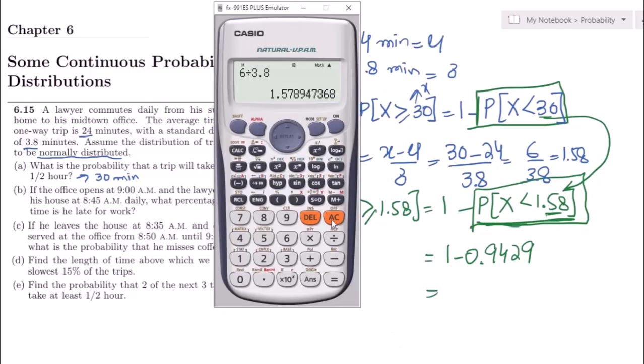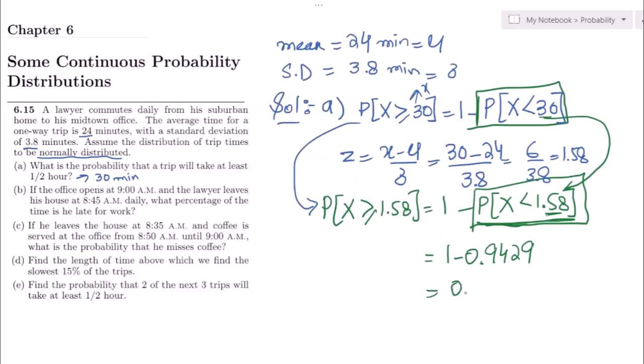Subtracting it from 1, 1 minus 0.9429, we get 0.0571, which is around 5.71%.